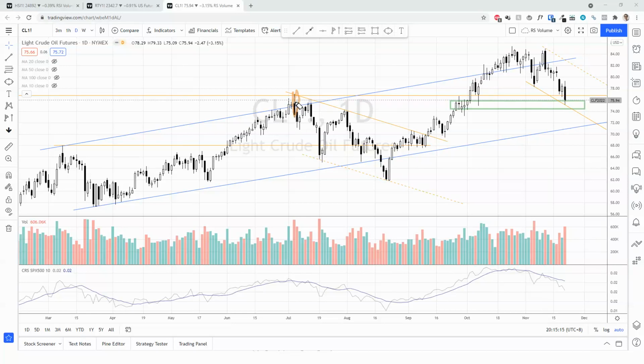This is the change of character bar with the spike of the supply, and subsequently it just stopped the uptrend. So after the change of character bar, the previous uptrend has been stopped and at least goes into a trading range. After that, we see a test and then another reaction.